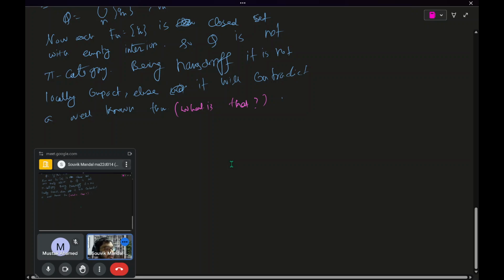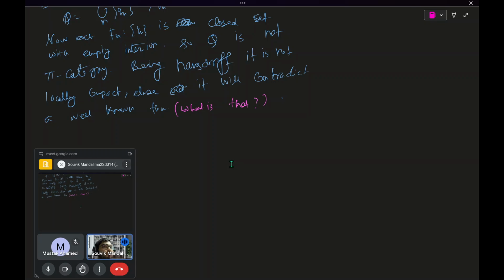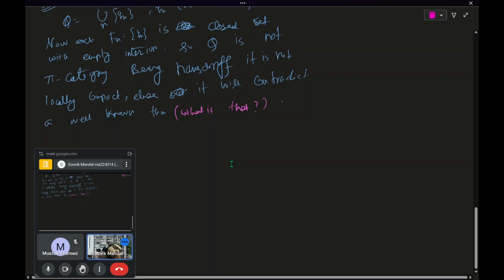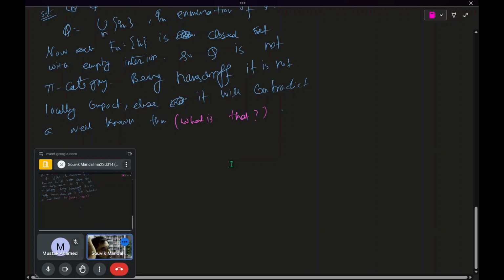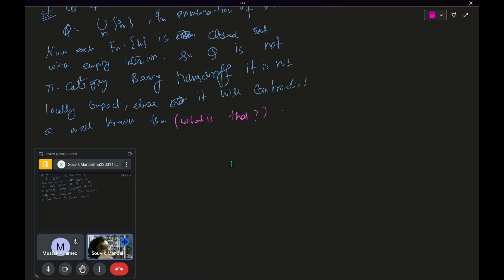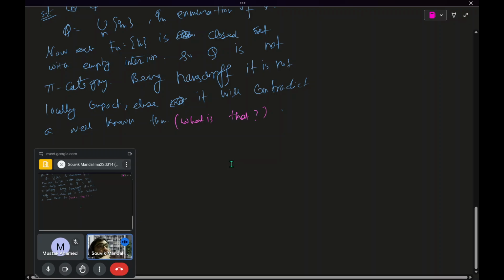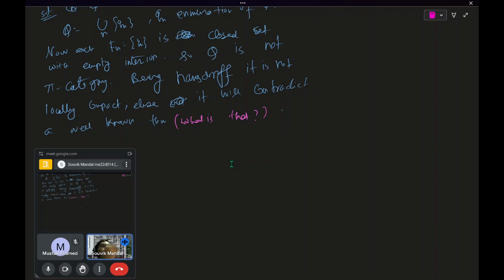So what is the technique? First, we need to consider the enumeration of Q. Now, for each F_n, closed with empty interior in Q. Now, being Hausdorff, it is not locally compact. Else, it will contradict an important theorem. Which is that? Think about it and let me know, in the email or in the next live session.